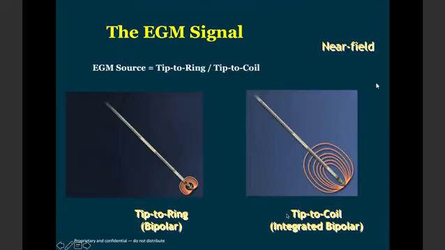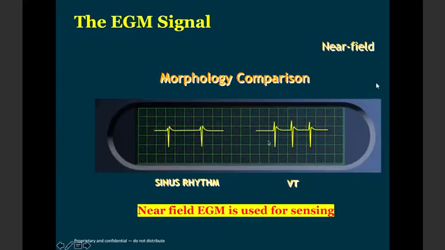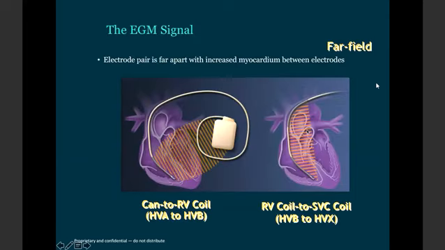And what is the near field? It is either the tip to the coil or tip to the ring. That is, the electrograms are no different between supraventricular and ventricular. If you look at the far field EGM, let's say the next EGM is from the CAN to the RV defibrillator coil. The coil is here, the CAN is here.